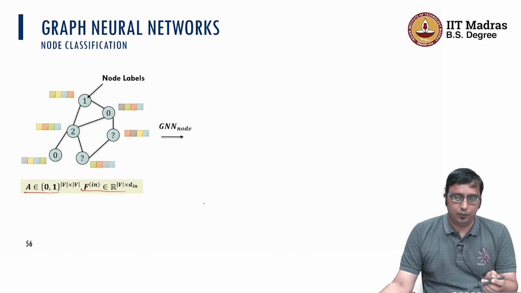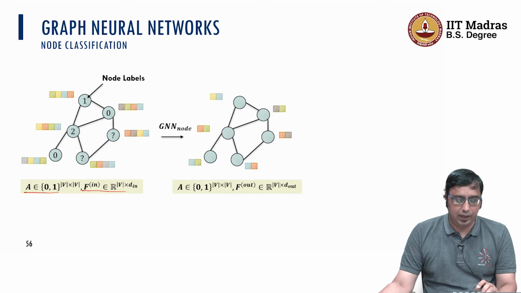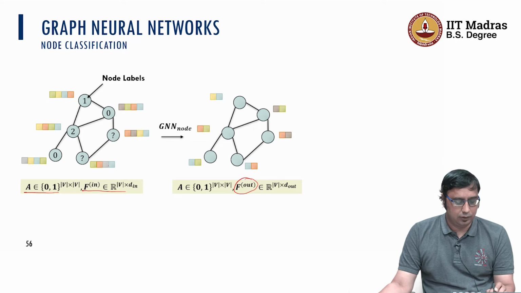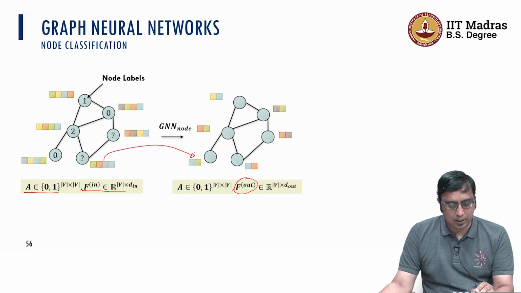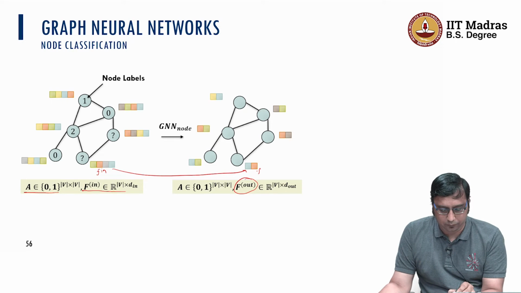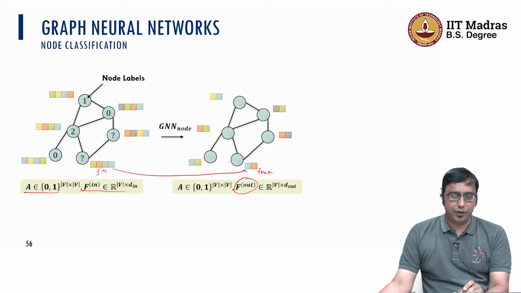Theta 1 will allow us to get F out associated with all the nodes. So using the GNN, we have moved from this feature, which is F in, to F out associated with this particular node.